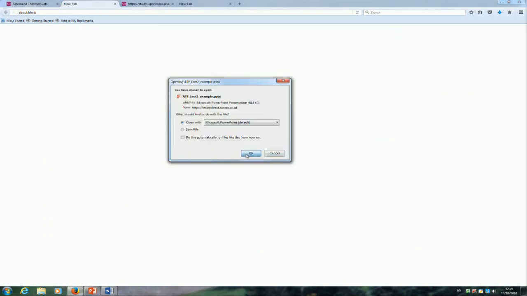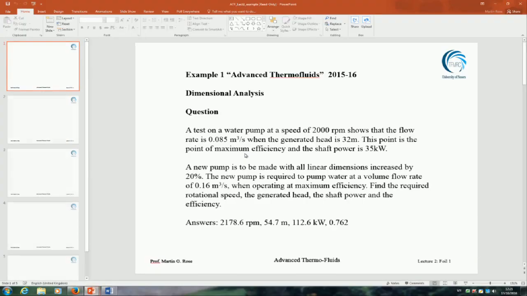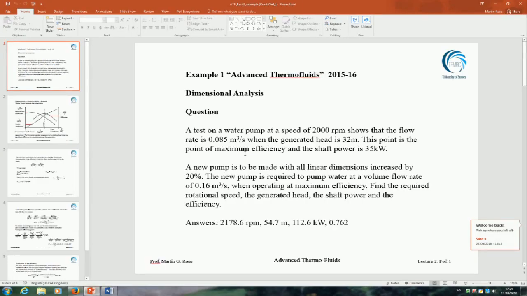A test water pump at a speed of 2,000 RPM shows that the flow rate is 0.085 cubic meters per second with 32 meters generated head. This point is the maximum efficiency point, and the shaft power is 35 kilowatts.